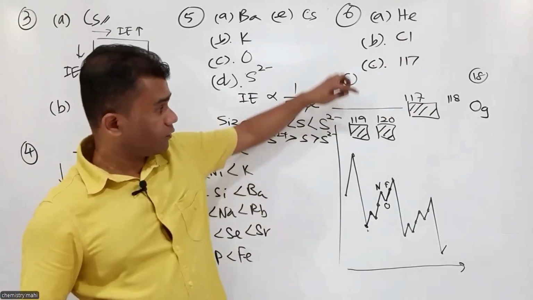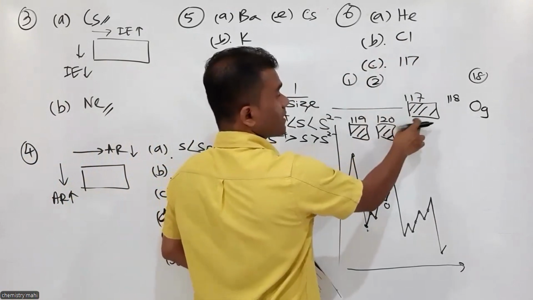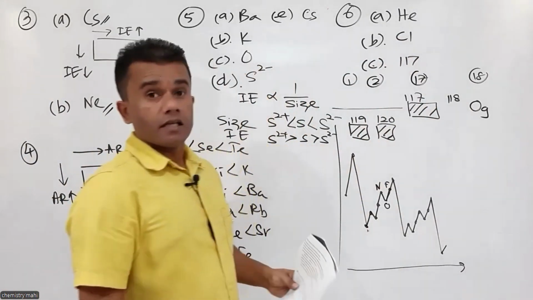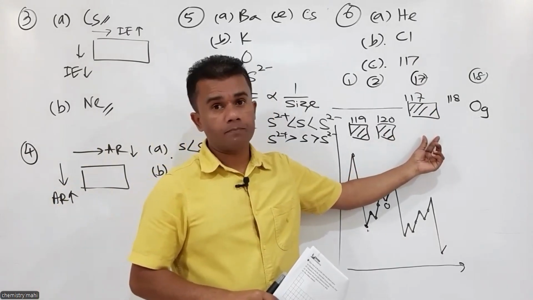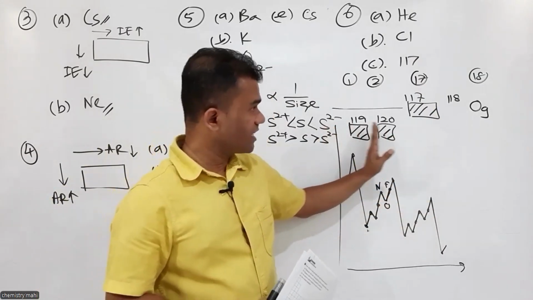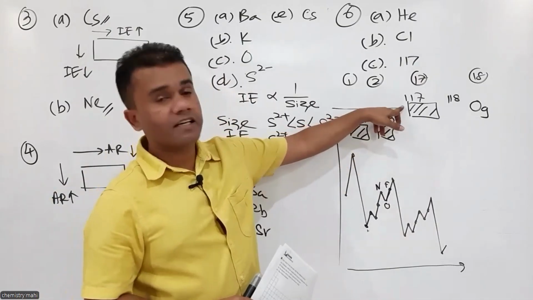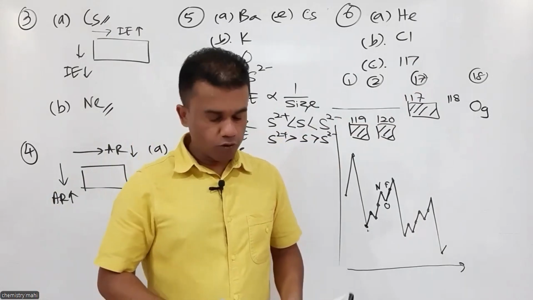This is group 1, this is group 2. But this is group 18, this is group 17. So between 120 and 117, there is a large gap. Size should definitely decrease, and when you move up again, size decreases. Therefore, it's very clear, 117 should be the smallest atom.